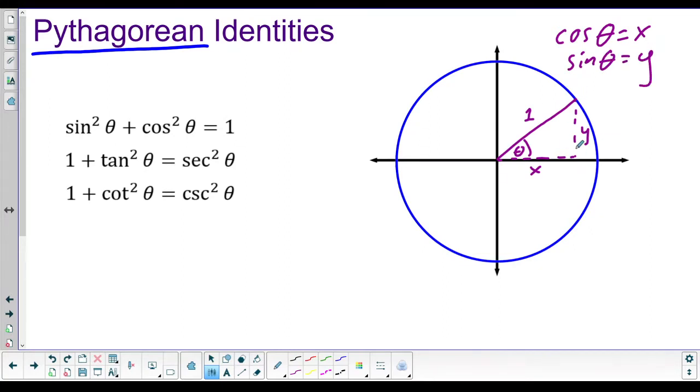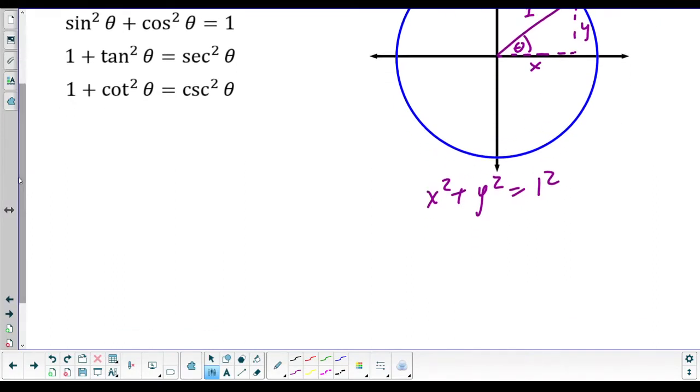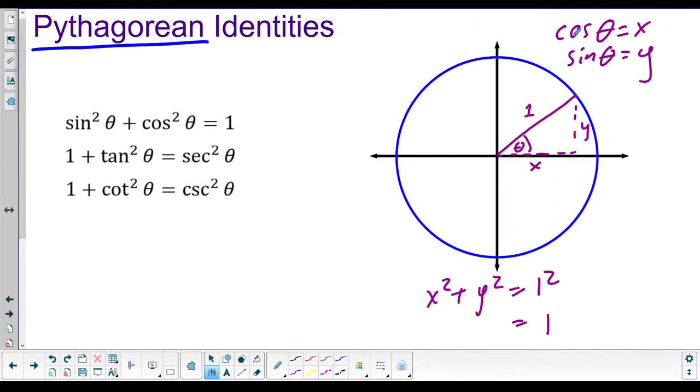It'll tell us how tall this triangle is. If we use the Pythagorean theorem on this triangle, watch what happens. So we have our two legs squared, so x squared plus y squared equals the hypotenuse squared, 1 squared.